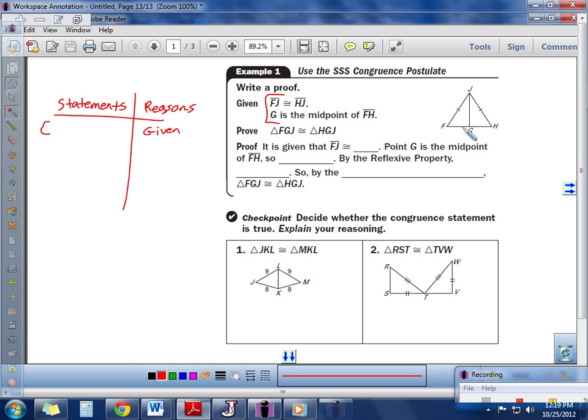G is the midpoint of this piece, FH. What does a midpoint do? It cuts it into two equal pieces, meaning this piece will be congruent to this piece. So that's what I'm going to write down. Anytime I write some marks, I put it over here. Where did I place marks? On FG and GH.